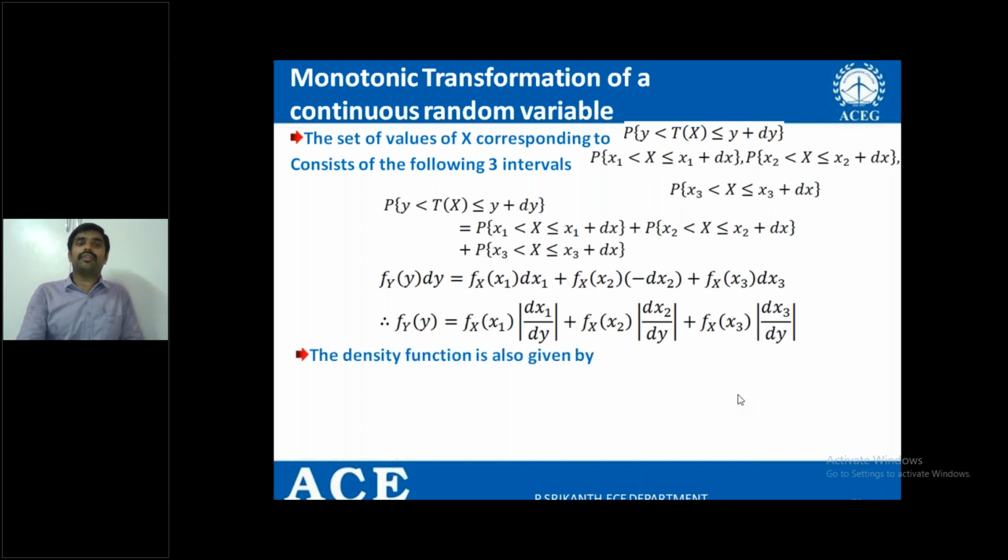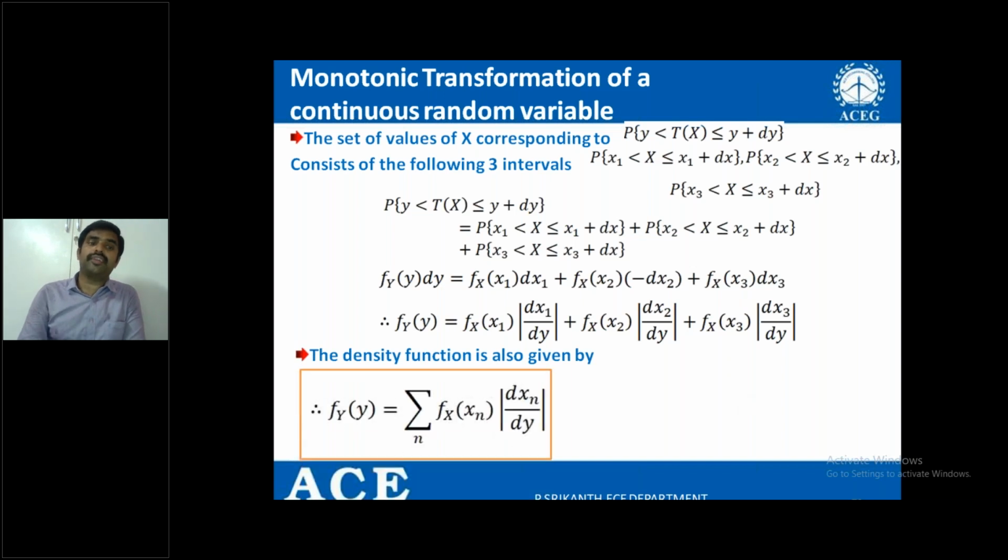So therefore, how do you write the density function? The density function is nothing but the summation of three terms: fx(x1)|dx1/dy|, fx(x2)|dx2/dy|, fx(x3)|dx3/dy|.